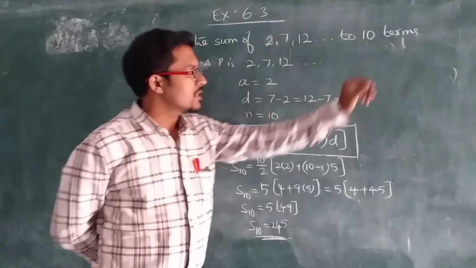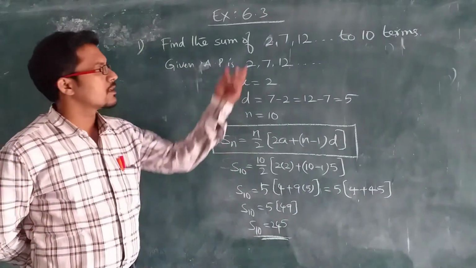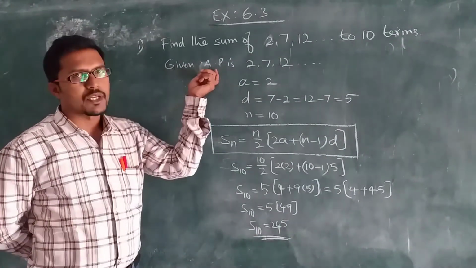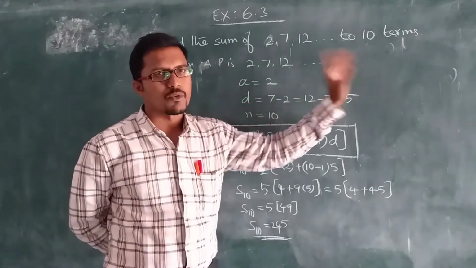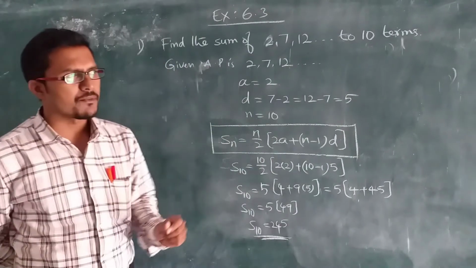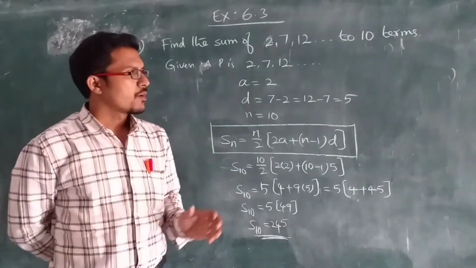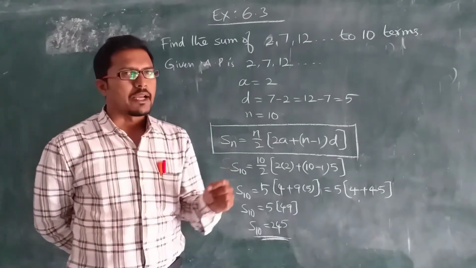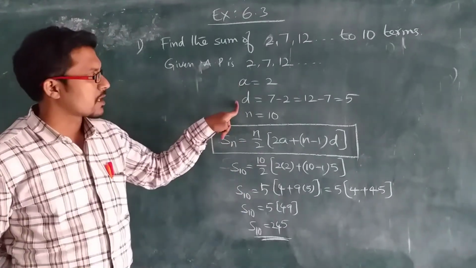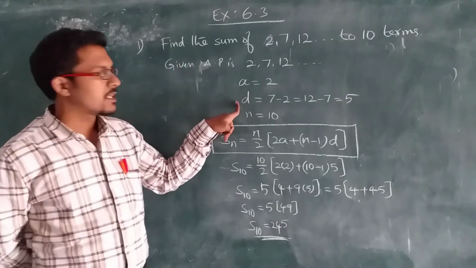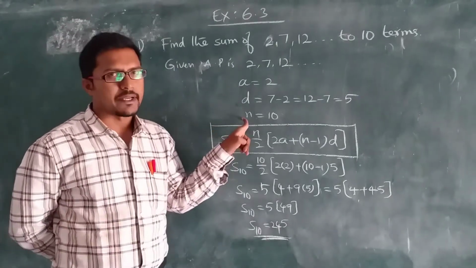Okay. So, for that, let us write the given arithmetic progression: 2, 7, 12 and so on. If we want to find the sum of some terms, what do we have to know? We have to know at least three things: the first term, the common difference, and how many terms we have to find, that is n.